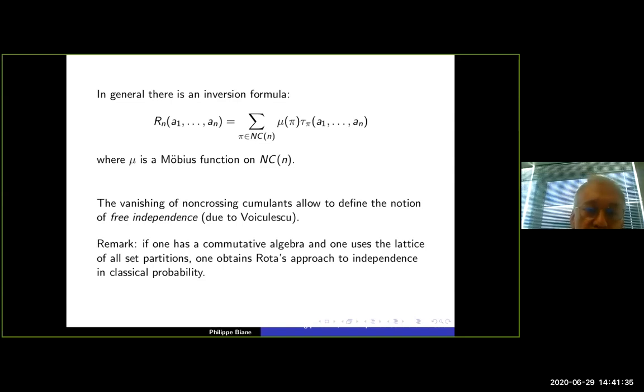So what Speicher observed is that if you replace the lattice of all partitions by the lattice of non-crossing partitions, then you get a very similar theory to the theory of Rota of independence in classical probability, and it explains, in some sense, the free independence. So it gives a combinatorial insight into the free independence.